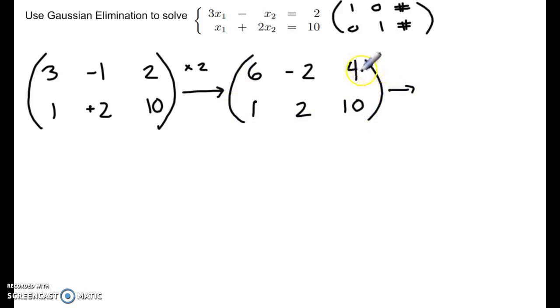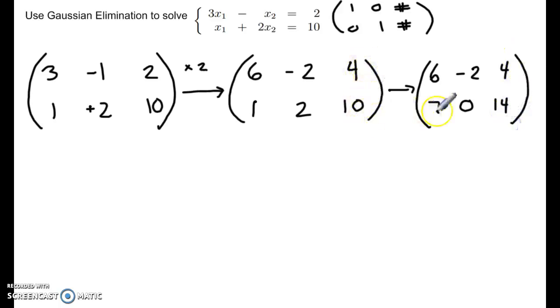Now I'm going to add the top one to the bottom one. So the top one will stay the same, but the bottom one, 6 plus 1 is 7, negative 2 plus 2 is 0, 4 plus 10 is 14. So I added the top one to the bottom one, and this is what I got. So I got a 0 here, which is what I wanted.